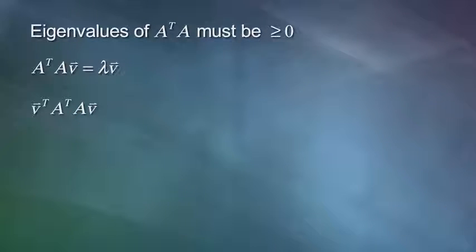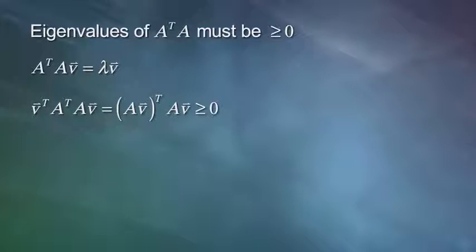First, V transpose A transpose A V equals the product of AV transposed times AV, which you'll recognize as the dot product of AV with itself. So it has to be greater than or equal to 0.